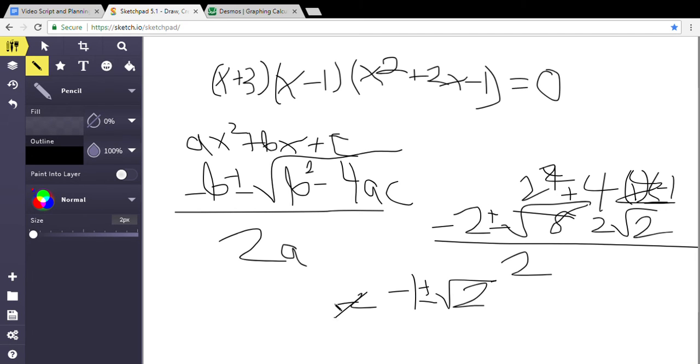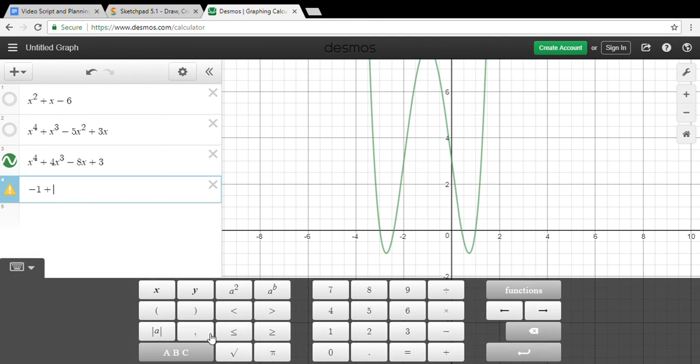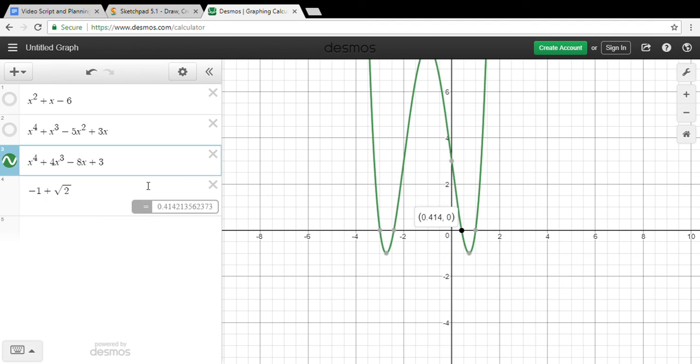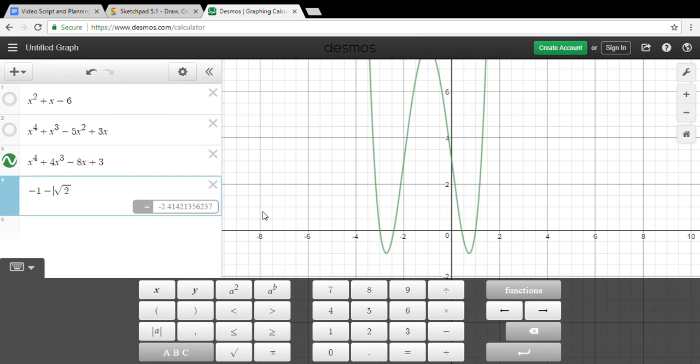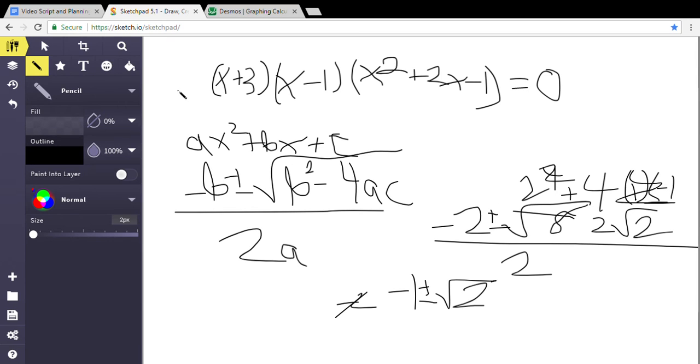And if you look at the graph, negative 1 plus the square root of 2 is 0.414, which is our 0 here. Negative 1 minus the square root of 2 is -2.414, which is our 0 here. So our two zeros that we have not found yet are negative 1 plus the square root of 2 and negative 1 minus the square root of 2.